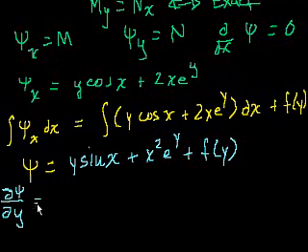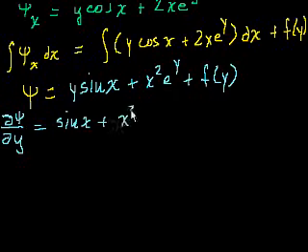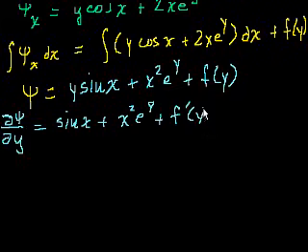The partial of xi with respect to y is going to be equal to, here, y sine of x is just y times a constant, so the derivative with respect to y is just sine of x, plus the derivative of e to the y is e to the y, x squared is just a constant, so it's x squared e to the y, plus the partial of f of y with respect to y, which is f prime of y.